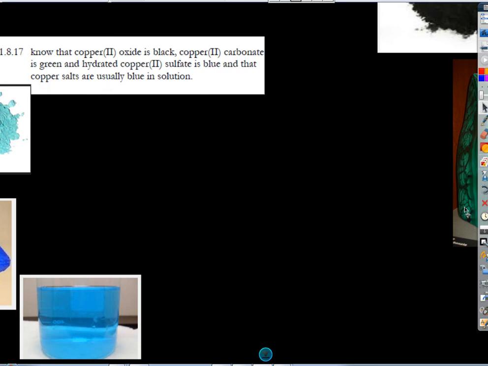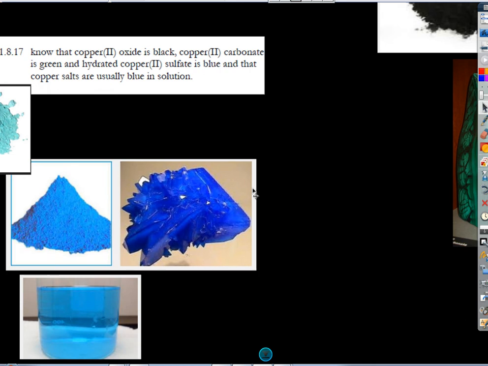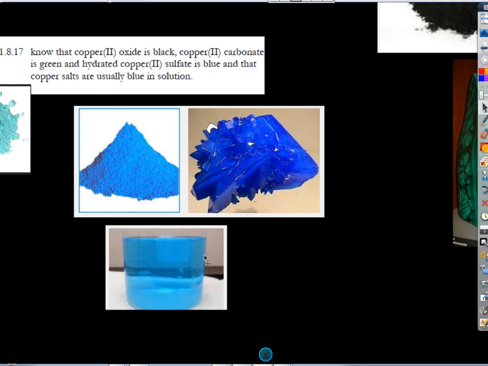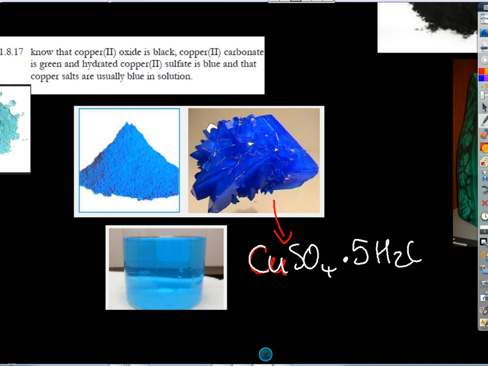And then we have what we call hydrated copper sulfate, and hydrated copper sulfate are these very pretty blue crystals that you will see, and down below it there we have a solution of copper sulfate. Hydrated just means that it has got water attached in the crystal. It would have a formula of CuSO4, and you'll know something's hydrated because it'll have a dot and then some water after the dot, which represents water of crystallization.